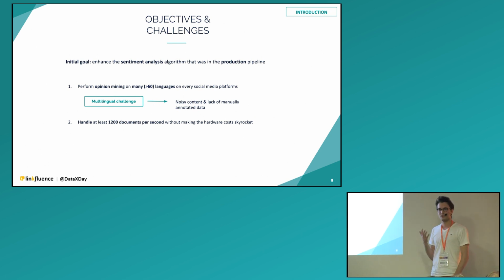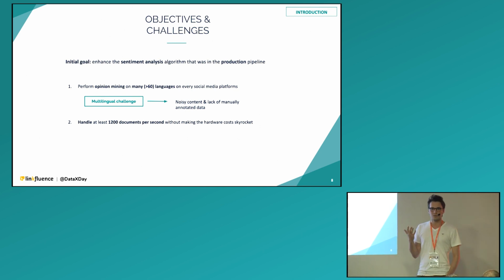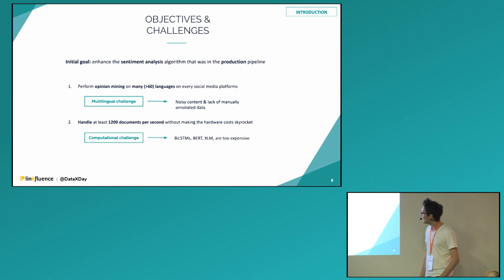And we have a second problem, which is we need to handle at least 1,200 documents per second without making our infrastructure cost skyrocket. Obviously, you can buy more machines if you want to put any deep learning model in production, but that's not really the mood of the company, to have more money spent on machines.